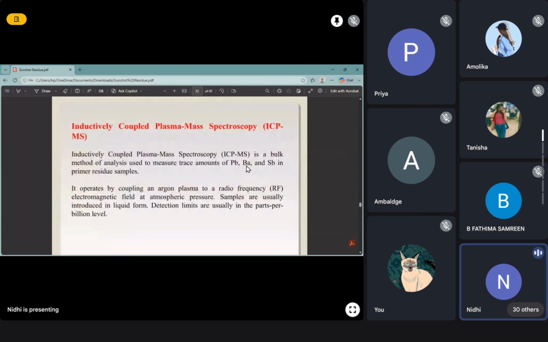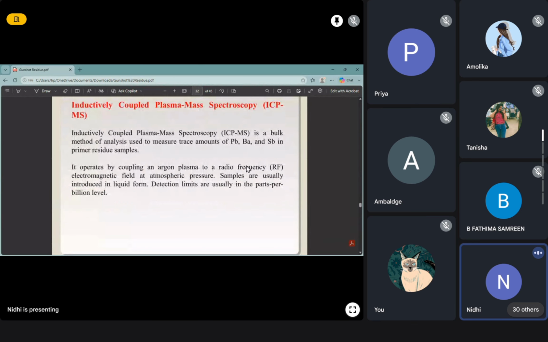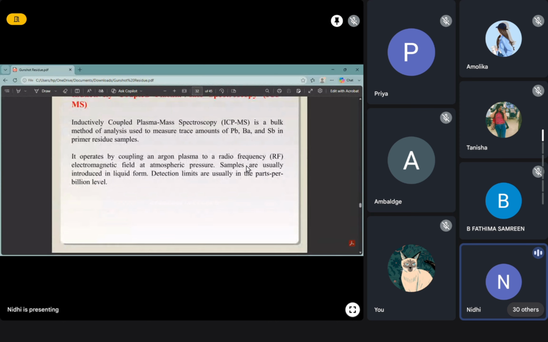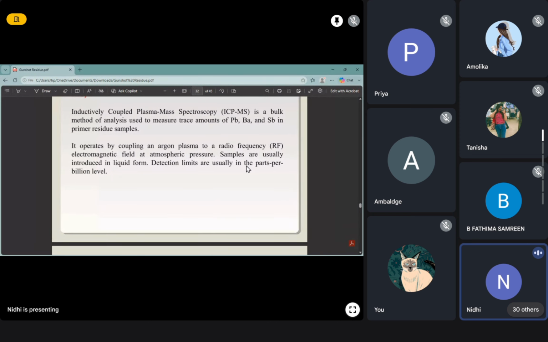Then comes inductively coupled plasma mass spectroscopy, which is ICP-MS. Inductively coupled plasma mass spectroscopy is a bulk method of analysis used to measure only the trace amounts. When you are having only trace amounts of gunshot residue, you will be able to analyze it via inductively coupled plasma because it can measure the trace amounts of particles.